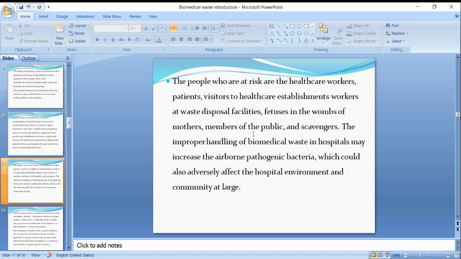If you throw waste like that, it will affect human health.